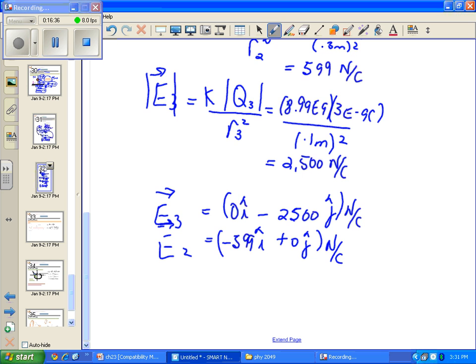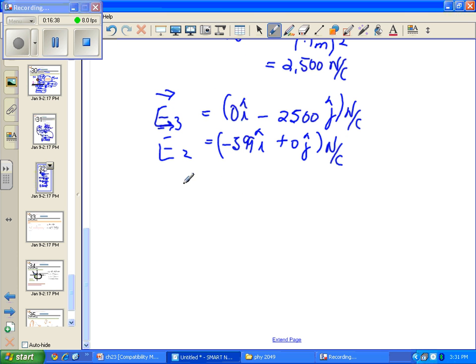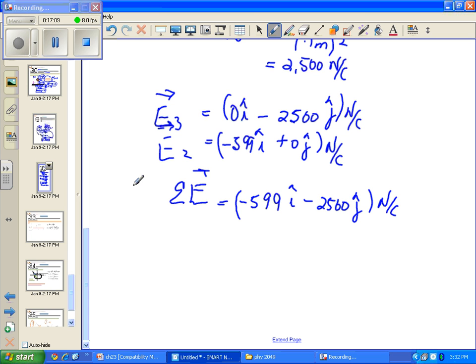If I want the net electric field at the origin due to both source charges E3 and E2, I just add the components: 0 plus negative 599 gives minus 599 i hat, and minus 2500 plus 0 gives minus 2500 j hat, newtons per coulomb. And that solves part A of the question.